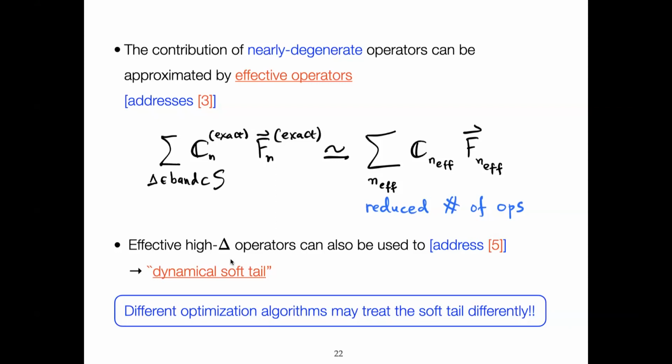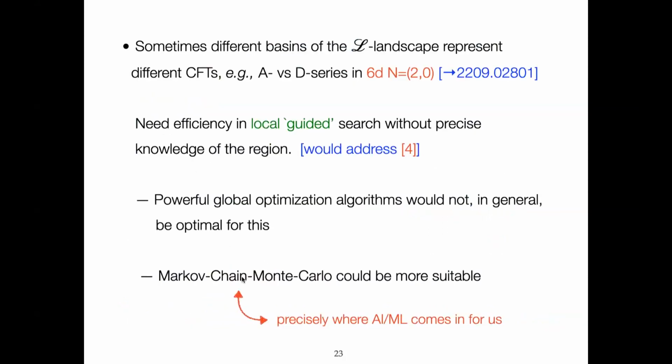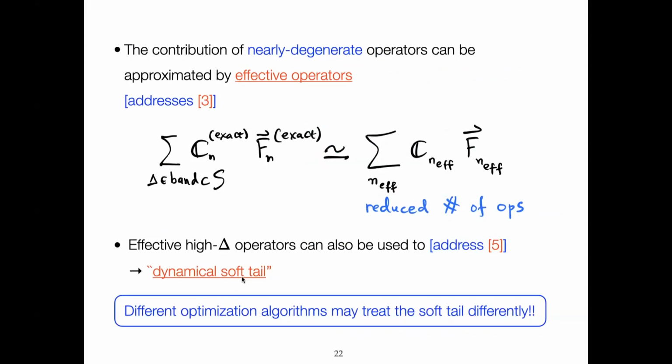So when you optimize, the high scaling dimension operators are going to be affected by the errors you are introducing. They're going to try to adjust to fix the error. So again, for these high dimensional operators, you don't want to read off specific CFT data. You have them there as extra degrees of freedom to try to correct the mistake that you did by including a particular approximation of the tail. And this is what we call the dynamical soft tail.